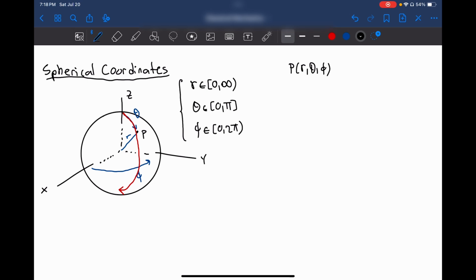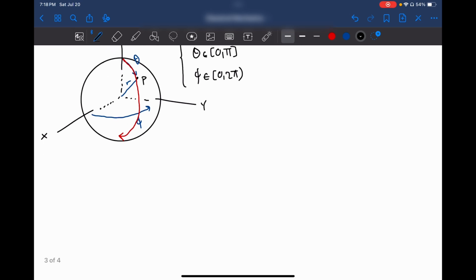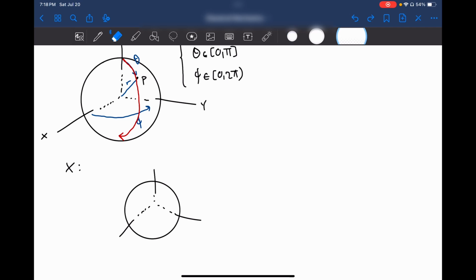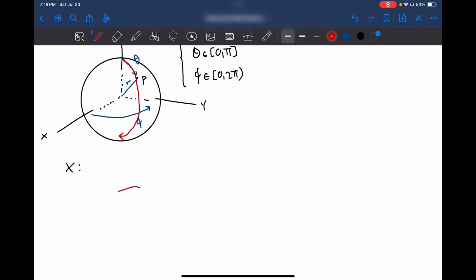All right. But what are the conversions from Cartesian to spherical? Now this one is a little fun, but it's a little nuanced, so I'm going to take a few steps here. So first, let's look at x. All right, I'm going to go ahead and redraw this, just a very simplified version. If this is my point P, I'm going to draw this a little bit bigger.